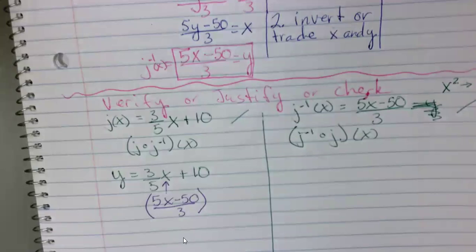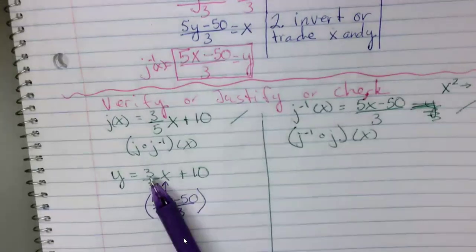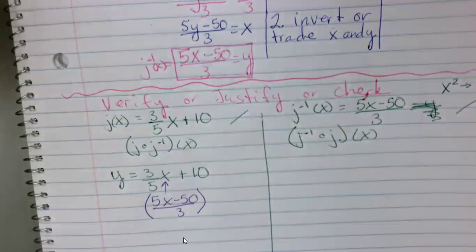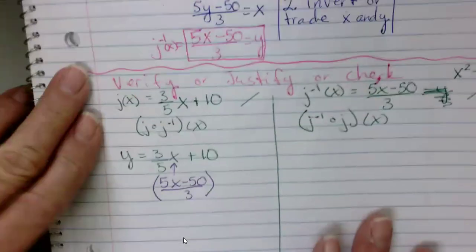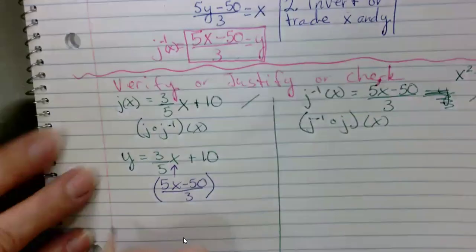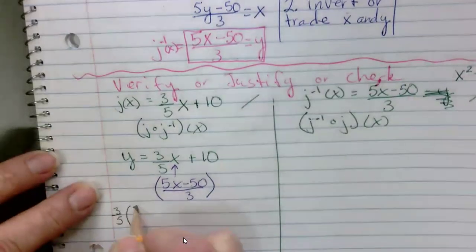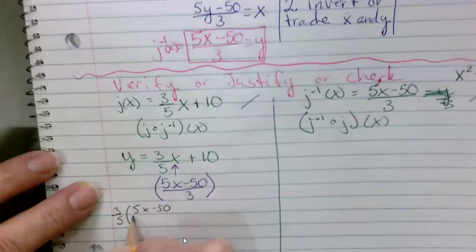Now, just like we pointed out in our side notes, 3 over 5x or 3x over 5, it both equals the same thing. So I'm going to write this in pencil so that you can see the difference, and then we'll choose which one we want to use. So that means I can either write 3 over 5 times 5x minus 50 over 3.